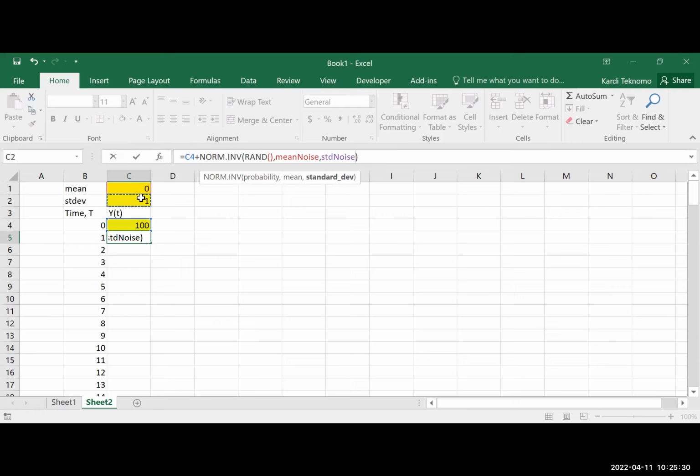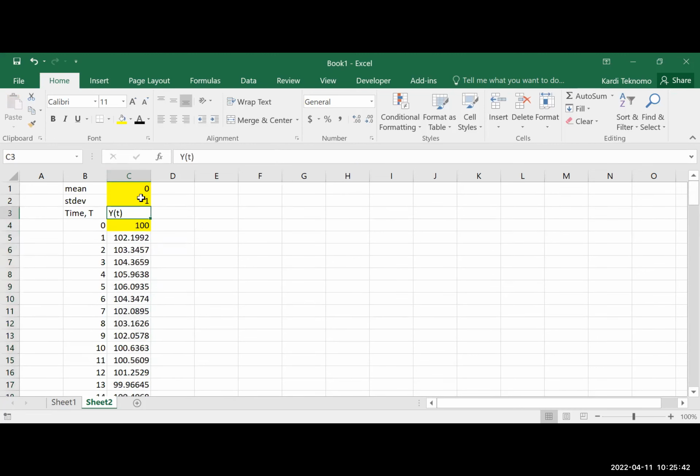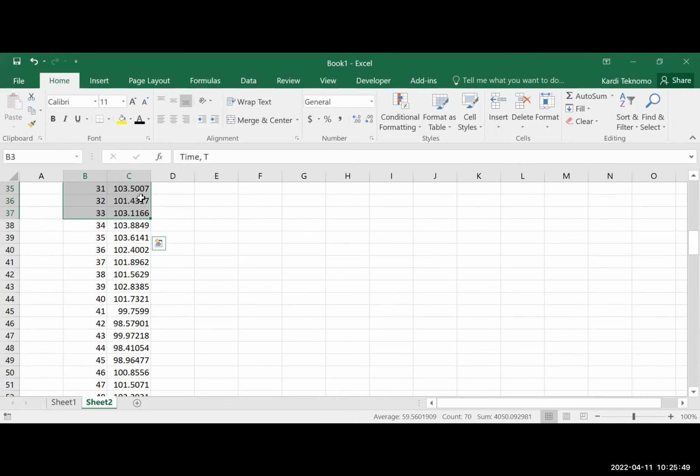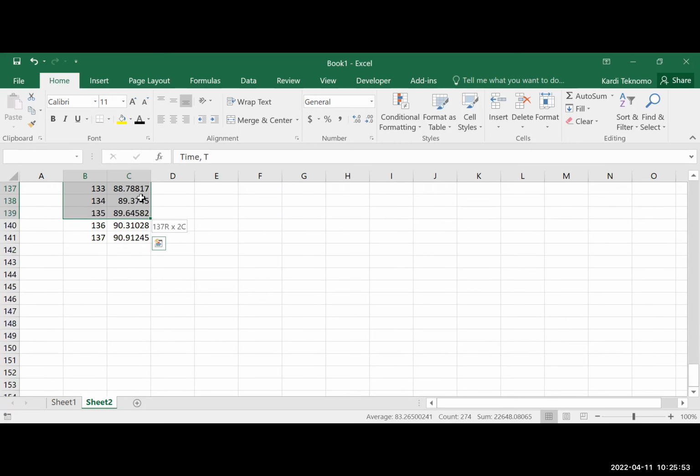Can you see the formula? Okay, so now I want you to get the pattern back from this data that you just created. Okay, so this is clearly noisy.